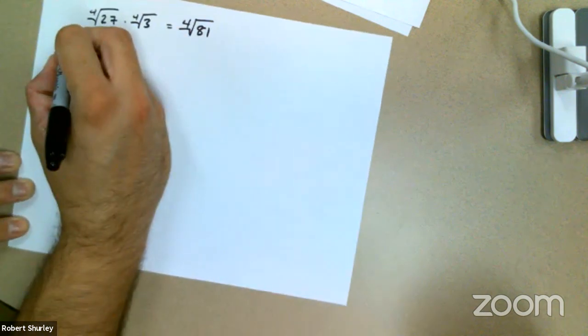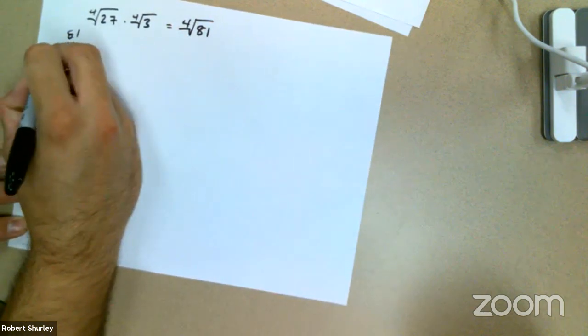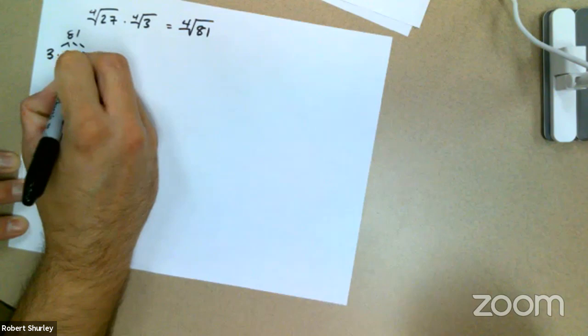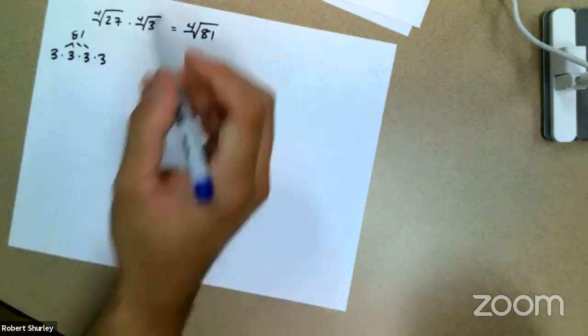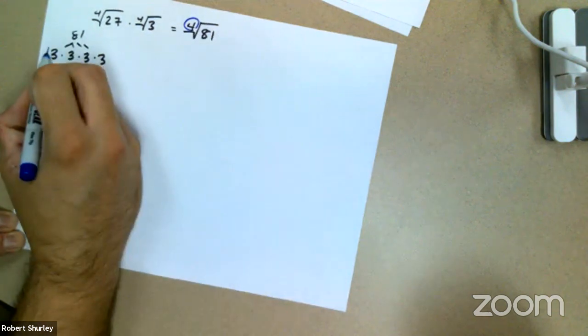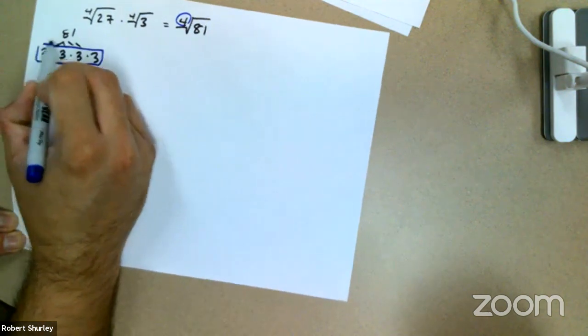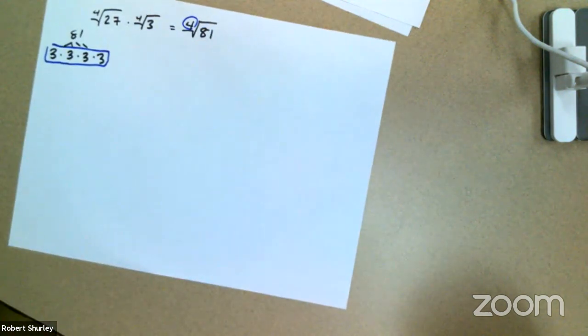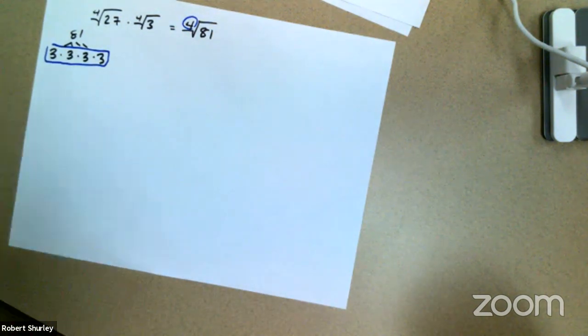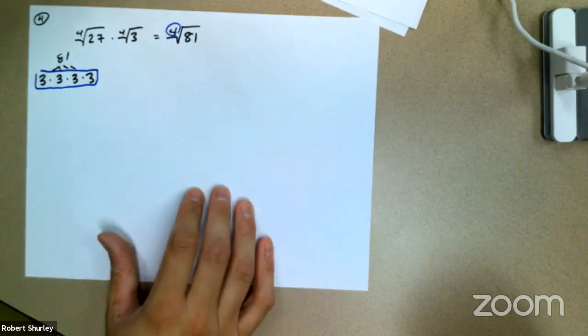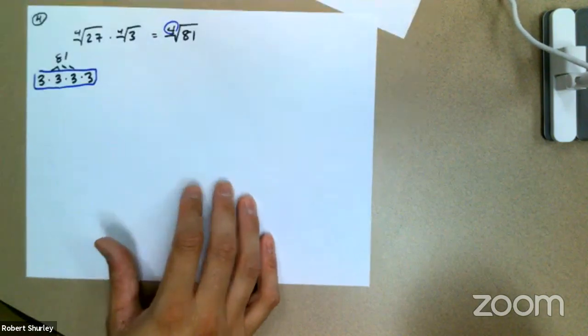Now, remember, 81, if you want to go back, turns out to be 3 times 3 times 3 times 3, right? And we are doing a 4th root. Notice there are 4 3s. And look, there's no leftover numbers, right? So that means the radical goes away. It's not like the ones we did a minute ago. Hold on.